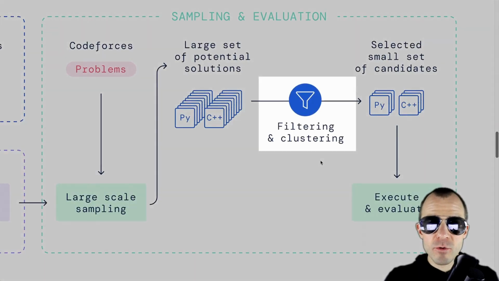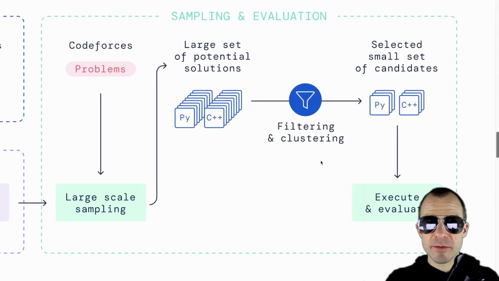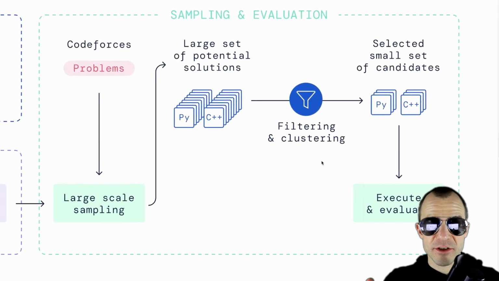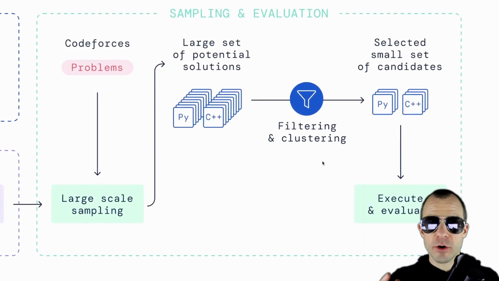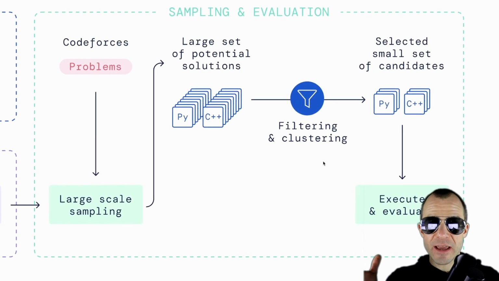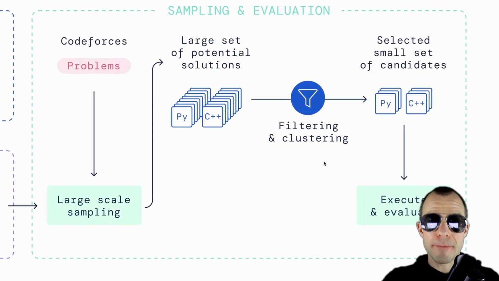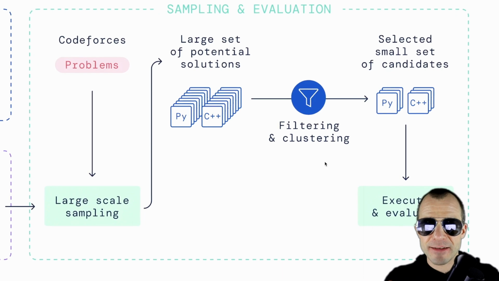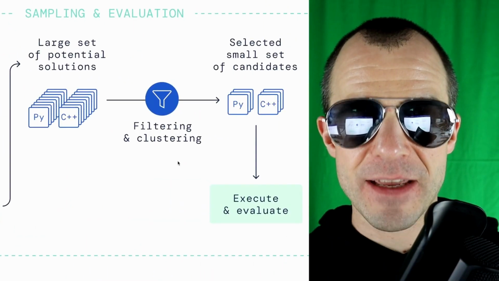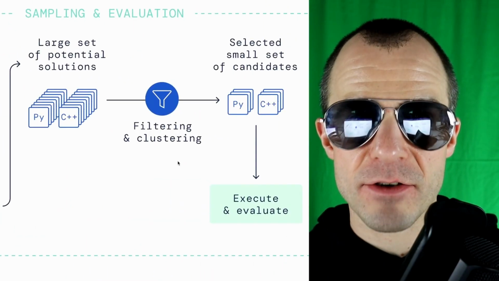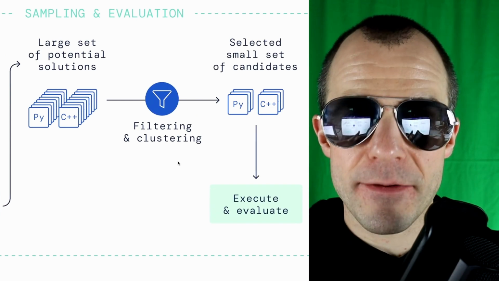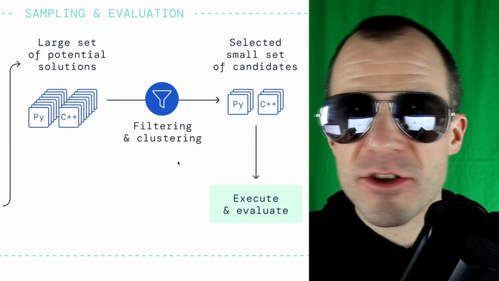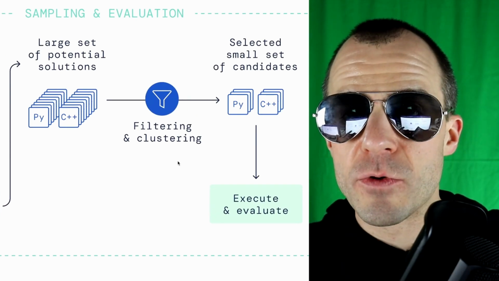Now, filtering alone isn't enough, as that still leaves them with a large number of potential solutions, and very often these coding competitions are limited to a very small number of submissions. In this case, I believe it was 10 submissions. So in order to achieve that, they have a step on top of that where they cluster solutions. So they try to cluster together programs that are textually different, but essentially don't do a different thing.